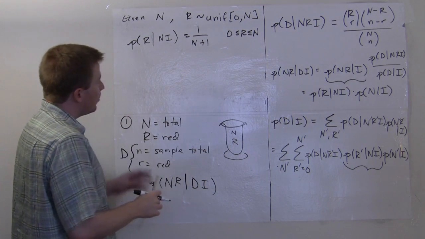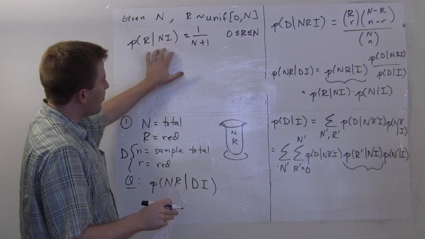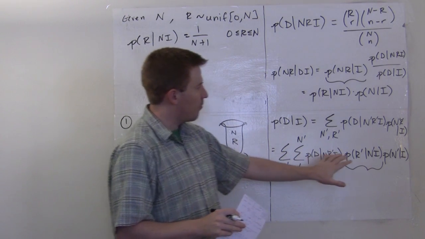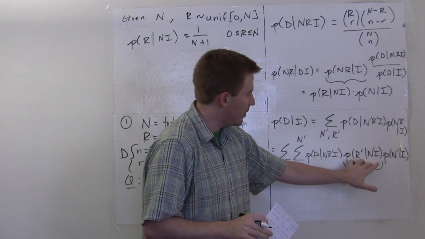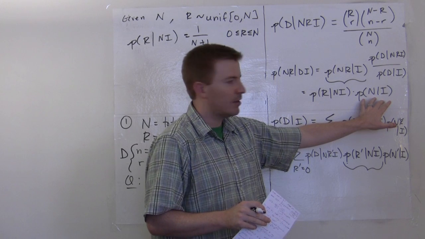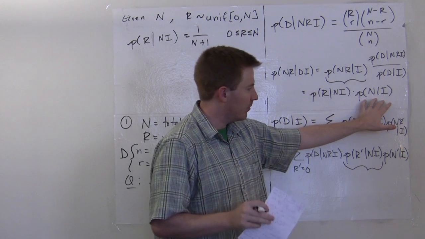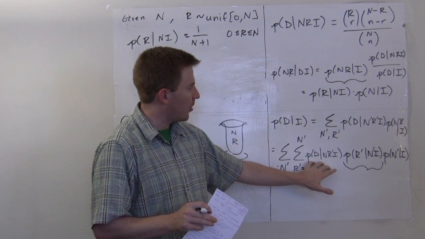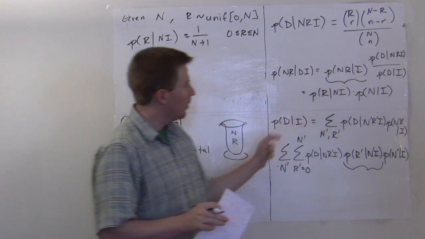If you take that probability assignment, which gives you everything you now need to know for this term and for this term, the probability of n is just going to be 1 for the particular value of n, same here. And the data probability we already know is the hypergeometric thing.